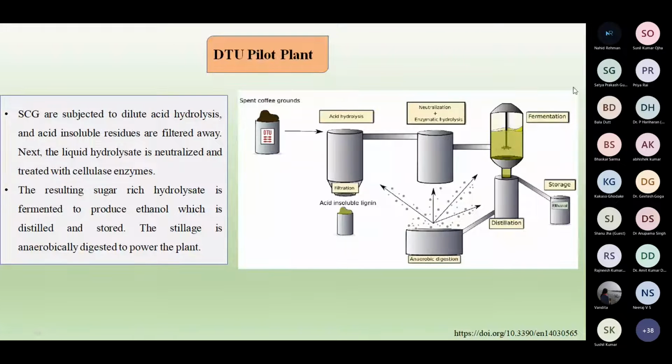So this is the schematic of their pilot plant. They did the acid hydrolysis, then they filtered it, and insoluble lignin was separated out, followed by acid hydrolysis. They did the neutralization, and then they hydrolyzed it using enzymes.